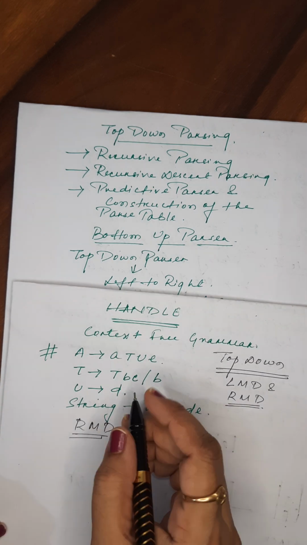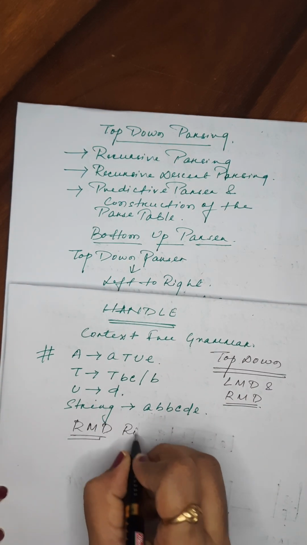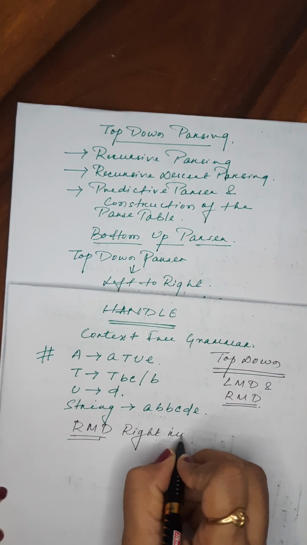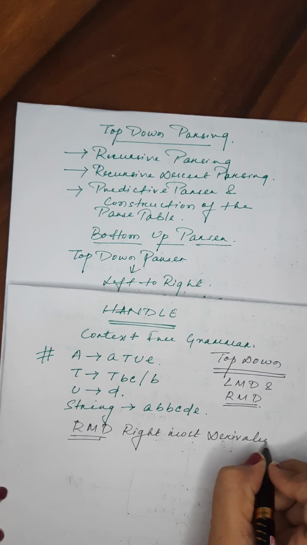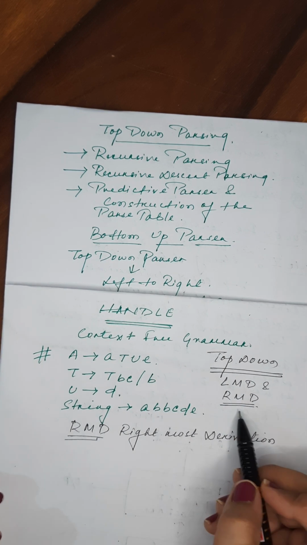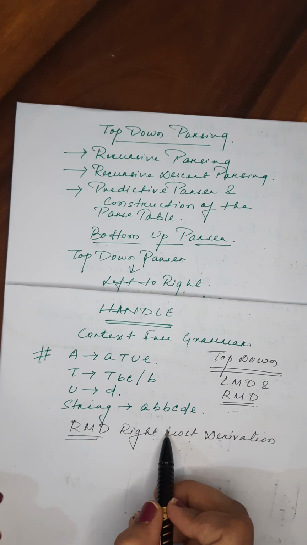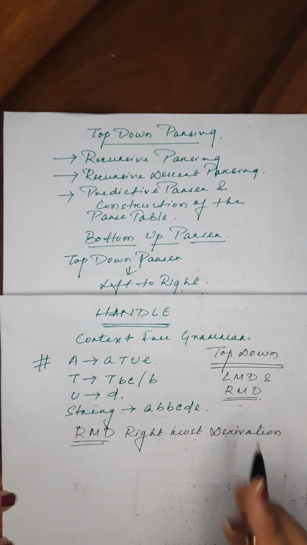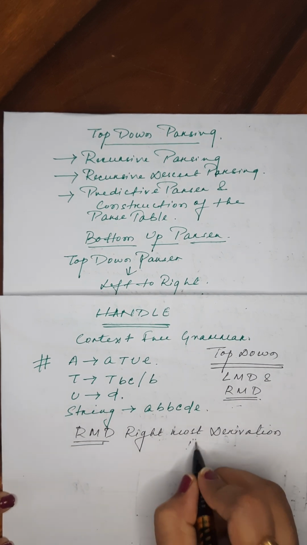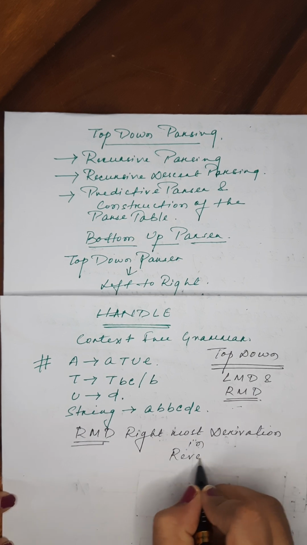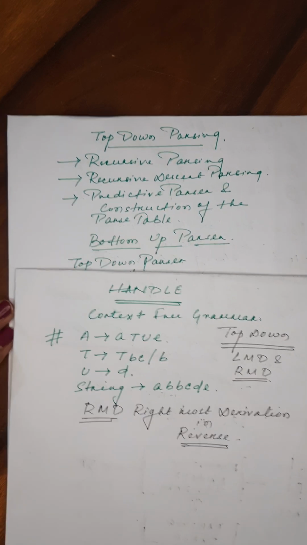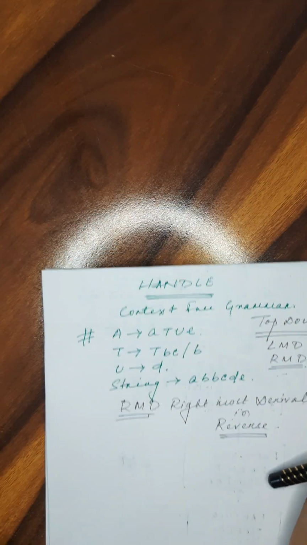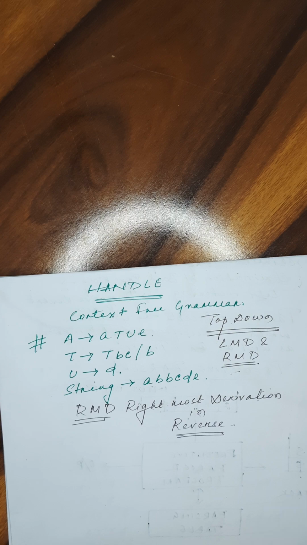RMD is rightmost derivation. In top down also we are doing RMD, here also we will do RMD, but what is the difference? We will do rightmost derivation in reverse. Now we will see how we will do it. Let us take an example, then it will be clear.